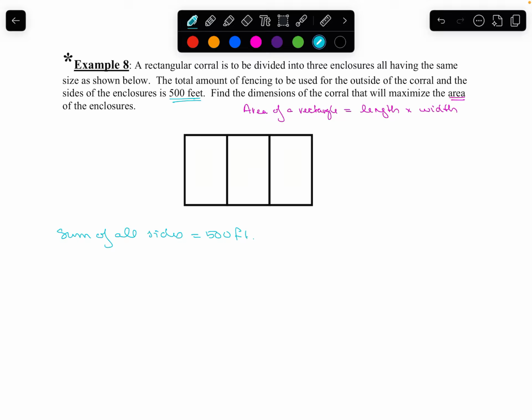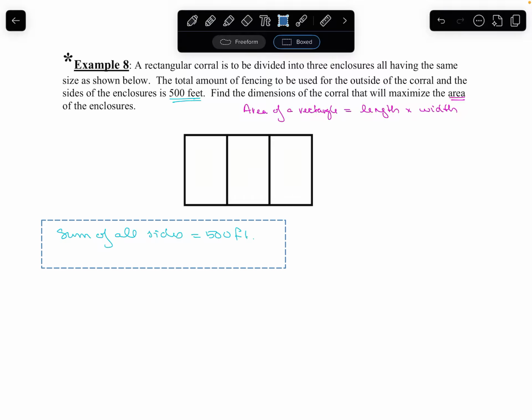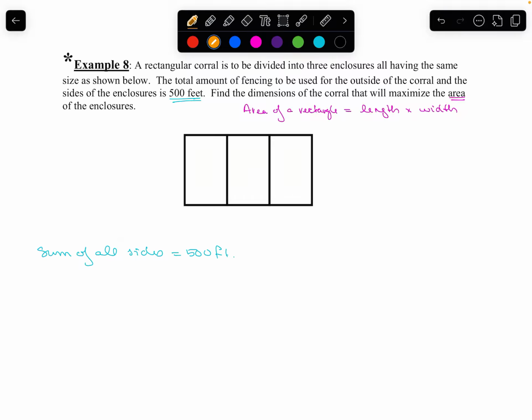So what we need to do is look at what each of these parts are and label them. So this one here we'll call length. This one will be the width. It doesn't matter which one you called which. But when we look at the sum of all those sides and add them up, we recognize that there are 4 widths to add up, and there are 2 lengths to add up.